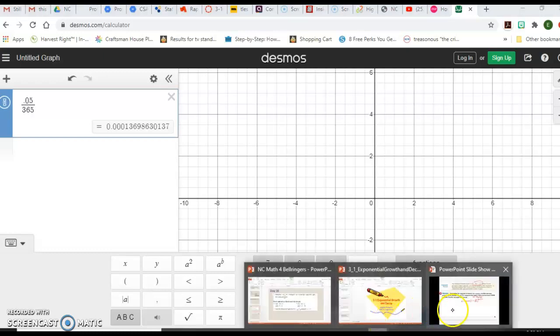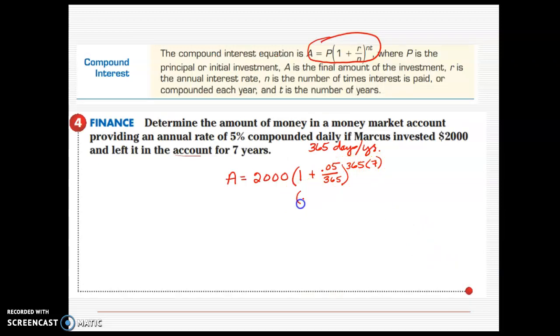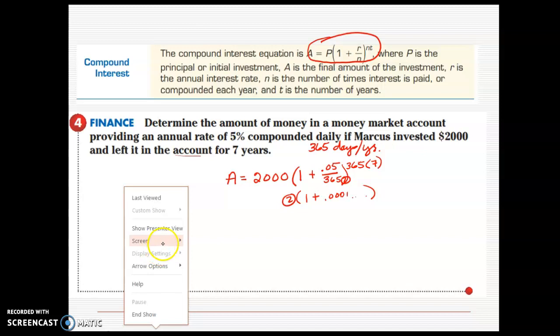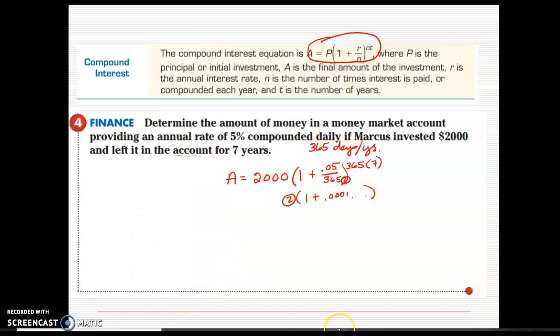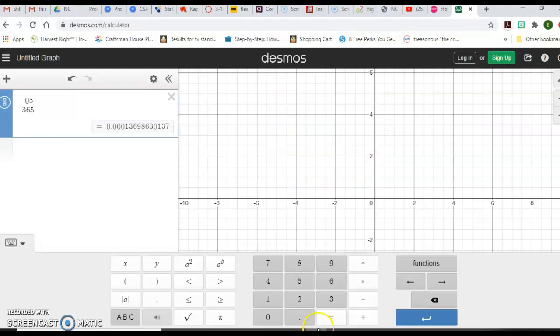So that right there becomes 1 plus that 0.0001, blah, blah, blah. So I go ahead and add that as my second step. That is my first step. That's my second step. Okay. It just makes it easier, since I'm having to flip back and forth, to know what I'm doing.